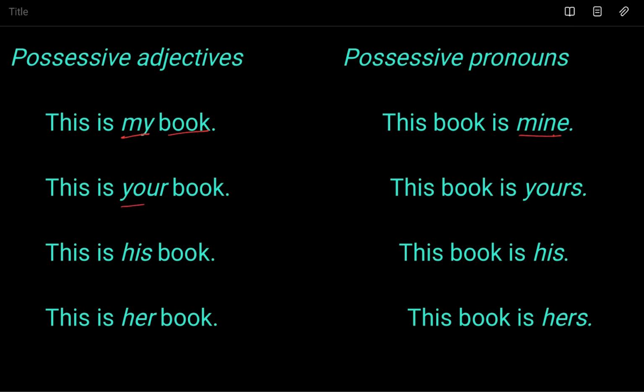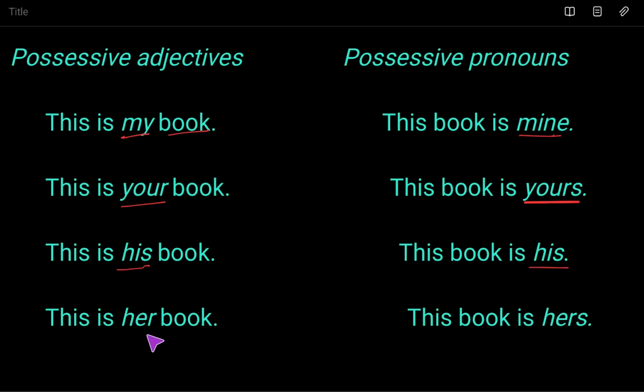This is your book. Here, your, and this book is yours. By this word, we have understood possession. But in this place, it has been used in place of this book, and in this place, your has described the word book. Same thing is here, this is his book, and like this, this book is his.